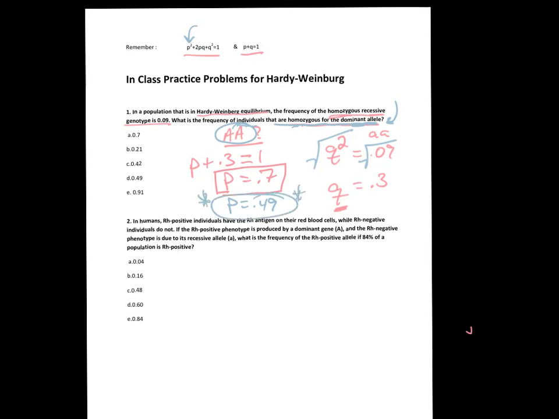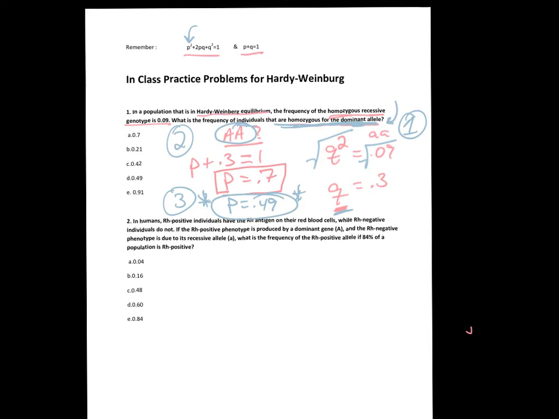There's a couple takeaways from this practice problem. First, we had to follow 3 steps. The first step was finding q. The next step was to find out what p was. And the last was to find the percentage of individuals that were homozygous for the allele p.